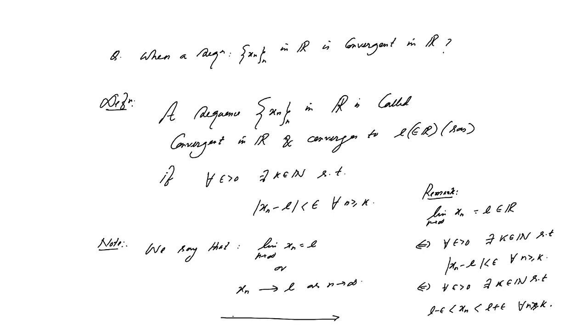That means if this is the real line R, and this is some real number L, here is L minus epsilon and this is L plus epsilon. That means after finitely many terms, after the kth term, all the members belong to this interval. If this happens, then we can conclude the sequence xn is convergent and converges to some real number L. But how will we show a sequence is convergent easily? There are steps. Is a sequence xn convergent or not?